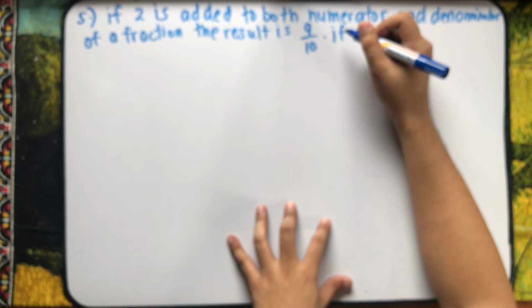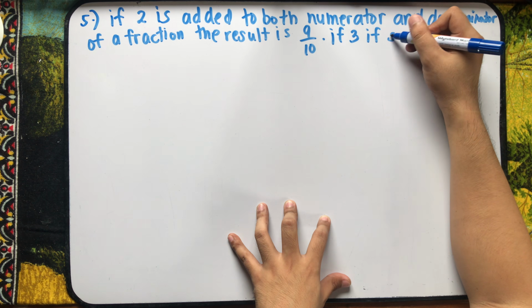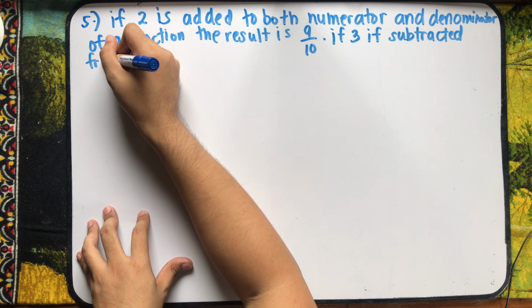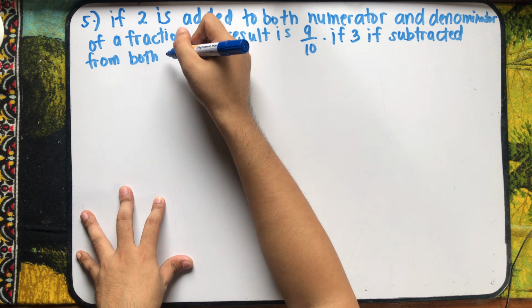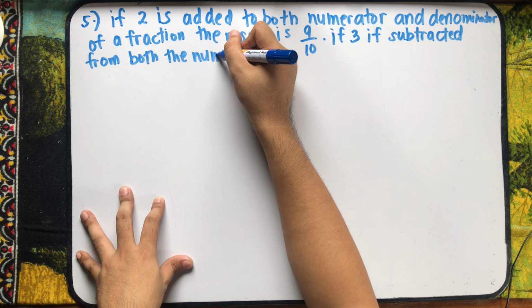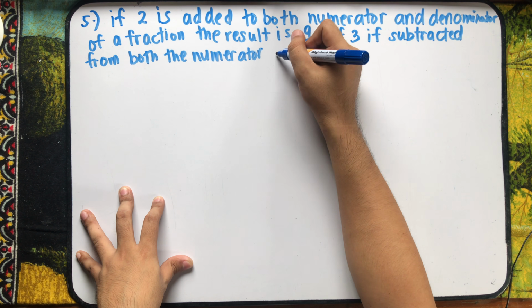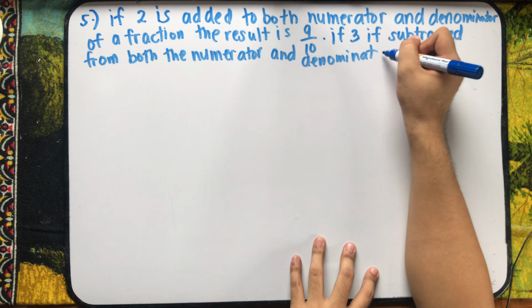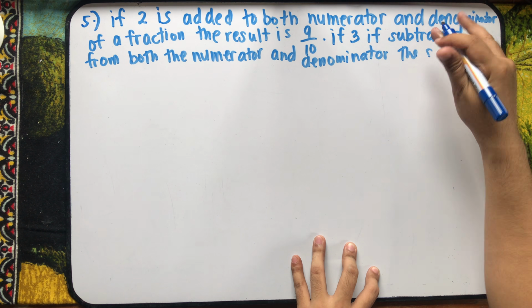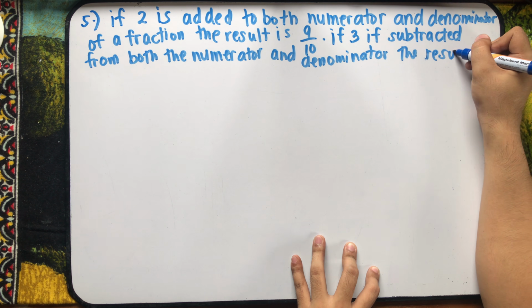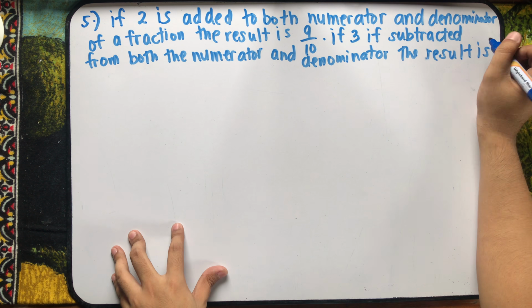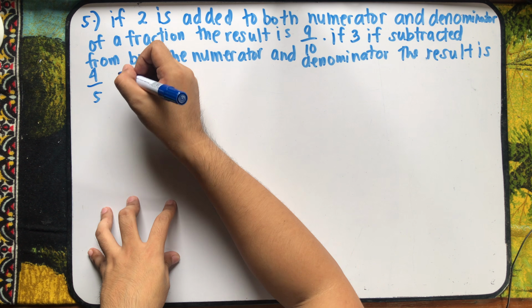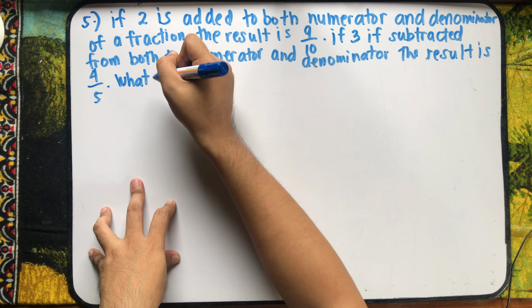If 3 is subtracted from both the numerator and denominator, the result is 4/5. What is the original fraction?